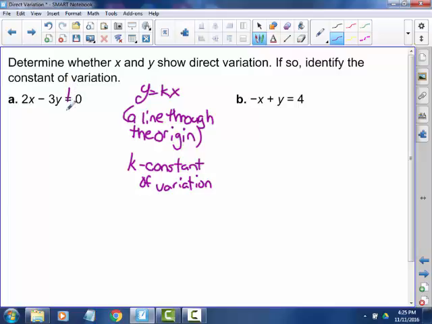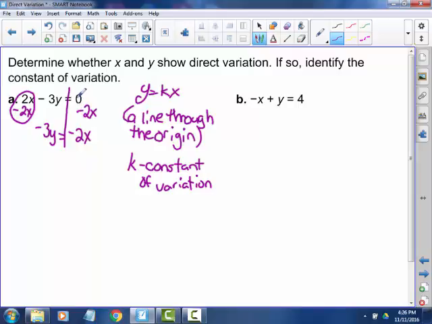Okay, so we're going to get y on the left and everything else on the right. So we'll subtract the 2x because we want to zero that out, and we subtract the 2x from the other side. So we now have negative 3y equals negative 2x.